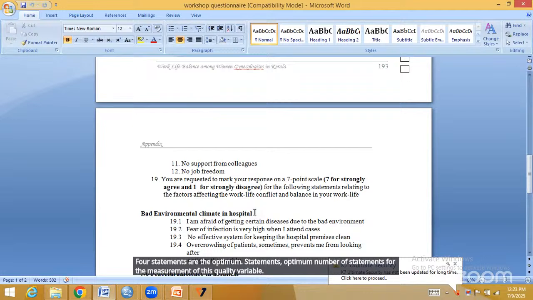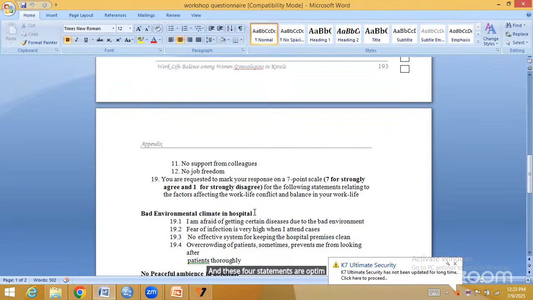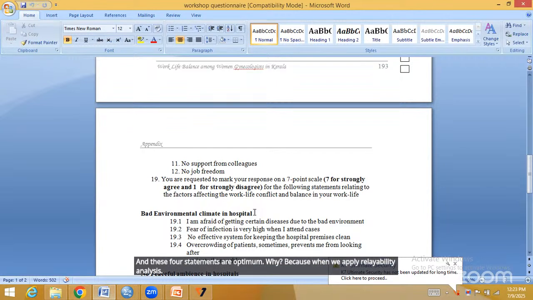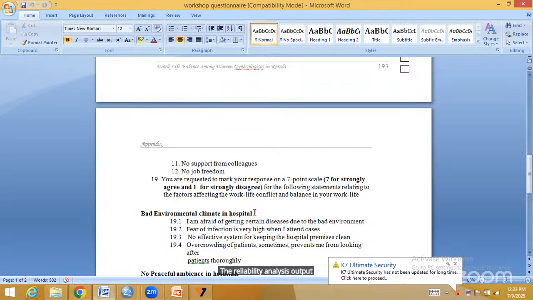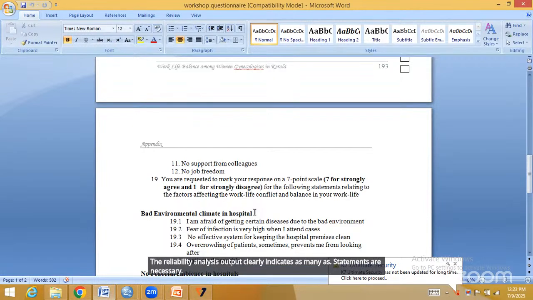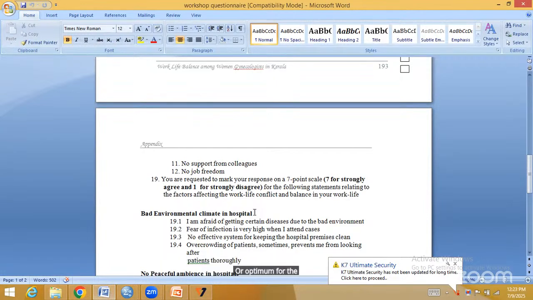Why? Because when we apply reliability analysis, the reliability analysis output clearly indicates how many statements are necessary or optimum for the measurement of a qualitative variable.